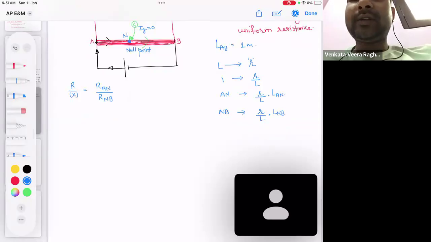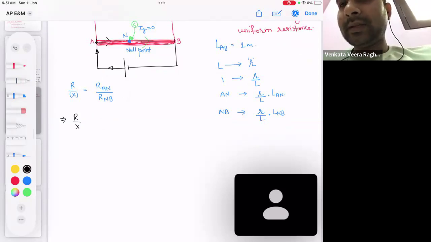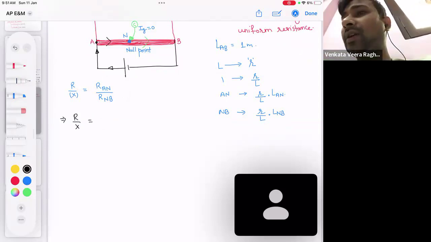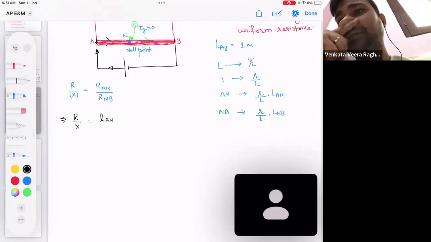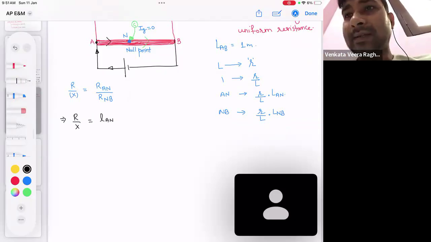So can I modify this equation into a different form? R by X equals the resistance of AN, which will become the length of AN. Check it. And the resistance of NB will become the length of NB.